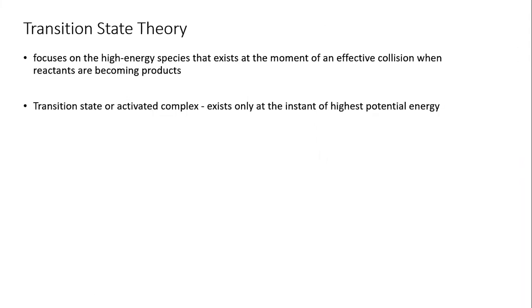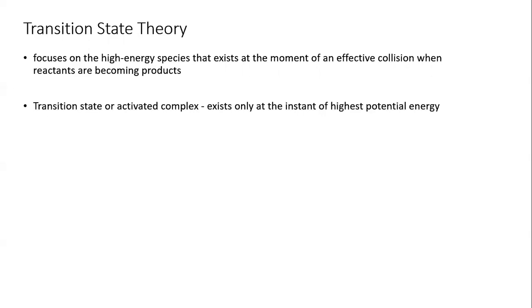So another theory we're going to talk about is transition state theory, which is what occurs when we're overcoming that activation energy. It's something that occurs for a very short period of time. It's a very high energy species that exists just for a particular moment when you have these effective collisions.